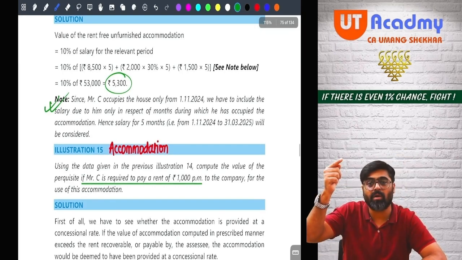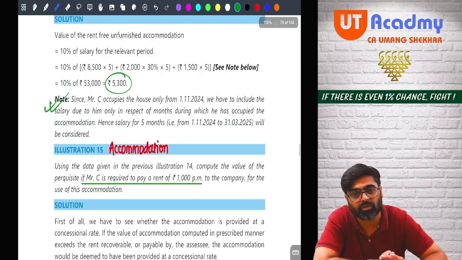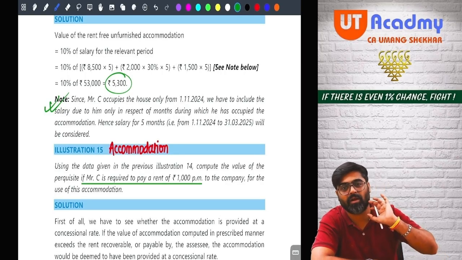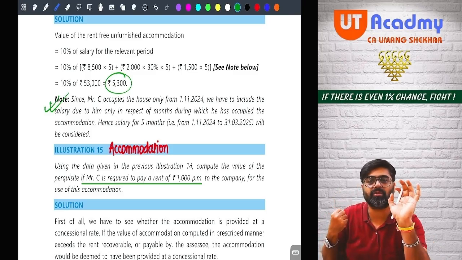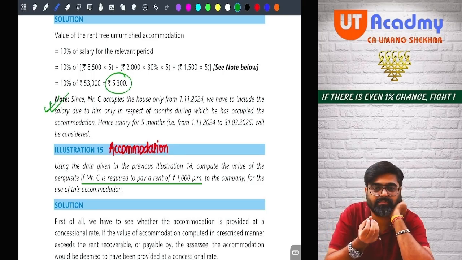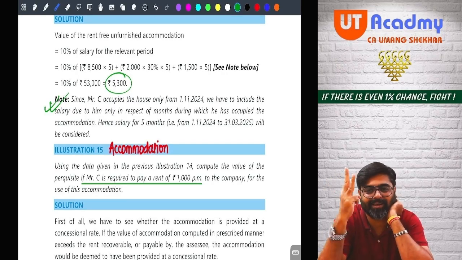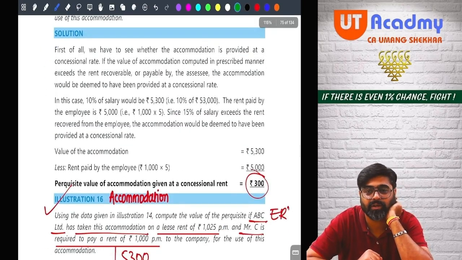But for that same accommodation, if the employer is charging 1000 rupees rent per month, so 1000 into 5, 5000 rent is recovered. So benefit given how much? 5300. Out of that, how much benefit taken away? 5000 in the form of rent the employer is taking away. So how much balance? Come on, tell me. 300. That 300 will be the taxable value in this case. Check the answer. 300 is the taxable value. Did you get it?